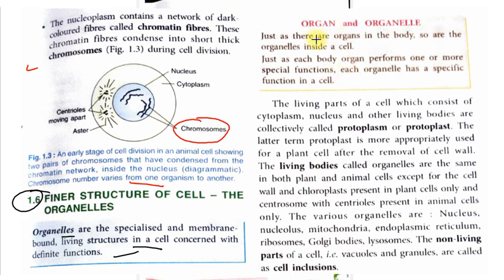Now, organ and organelle. Just as there are different types of organs in our body, there are organelles inside a cell. Each of our organs performs one or more special functions, and each organelle has a specific function, right?